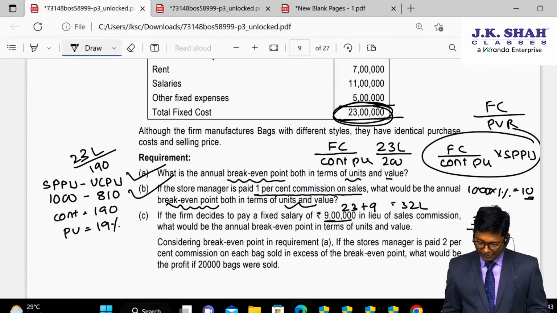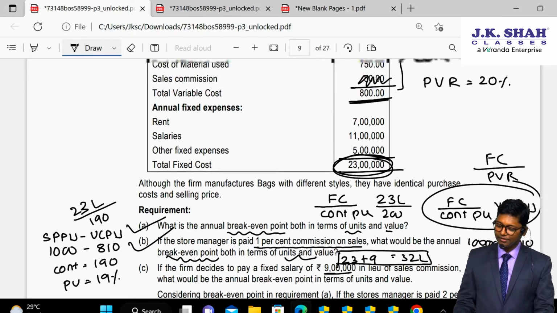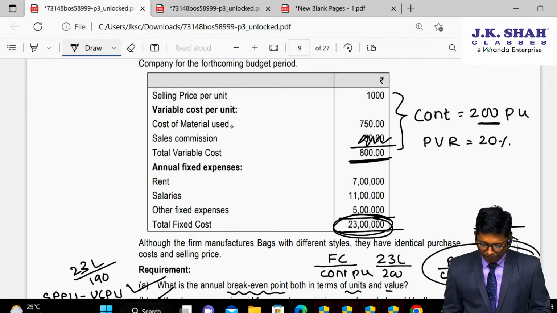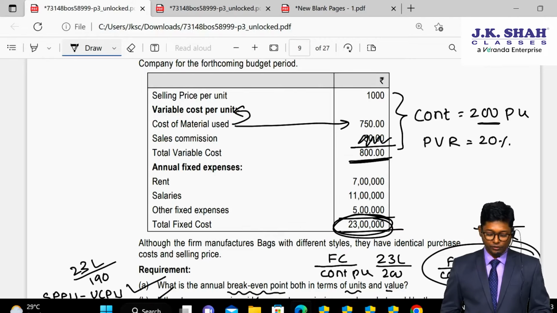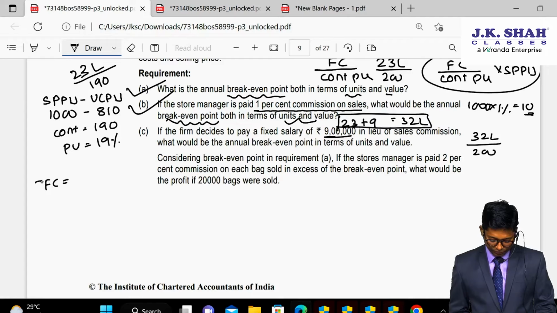So because of this, your fixed cost would increase by 9 lakhs, and the revised fixed cost will become 32 lakhs, and your cost of material will be the only variable cost with you.